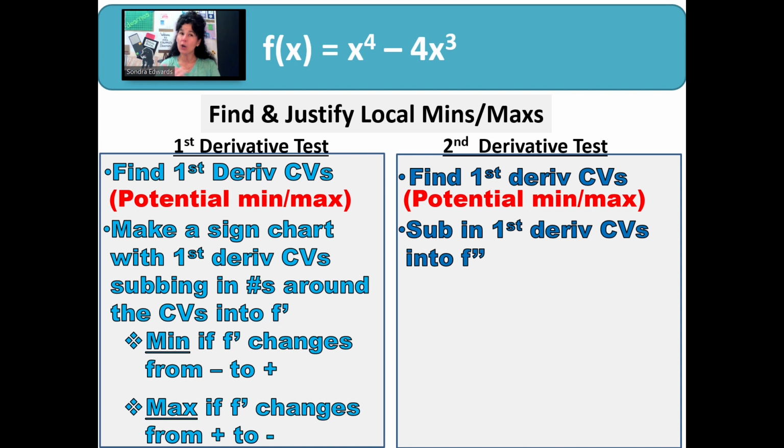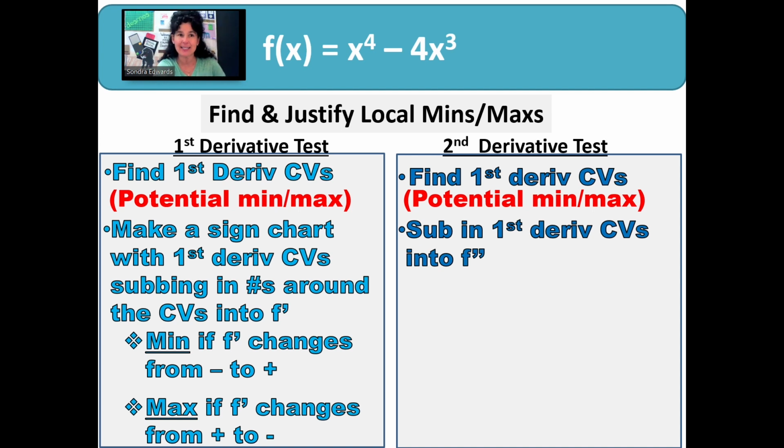So if you are working with x values that might be mins or maxes, if that possible min or max shows up on a concave up piece, well, then it must have been a minimum. But if that possible min or max shows up on a concave down piece, well, then it must have been a max.